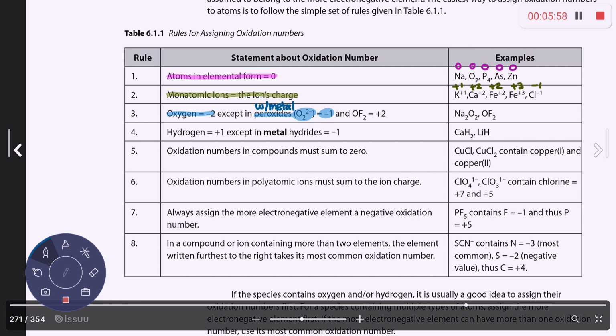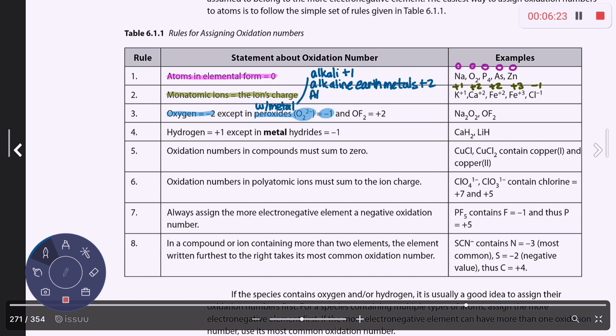So that means I would assign the metal its oxidation number first. So generally speaking, all of the metals with assigned charges, like the alkali metals, would be the same oxidation number as their charge, +1. The alkaline earth metals would have an oxidation number of +2, same as its charge.